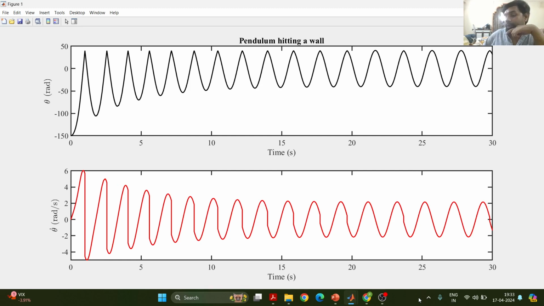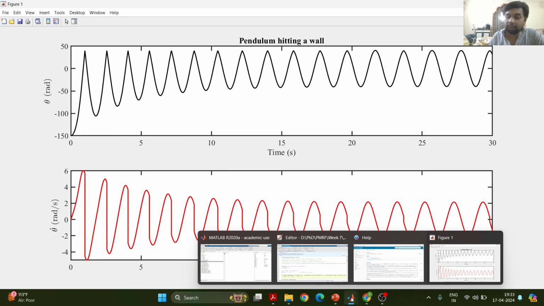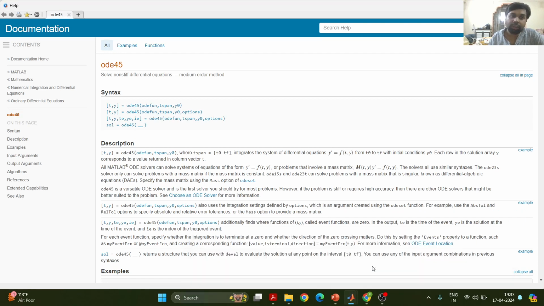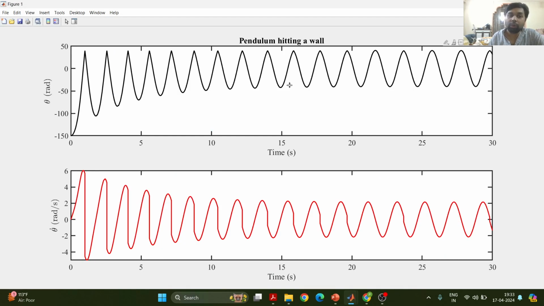Reduction. Now, in the solver, to actually achieve this, in the solver we need to basically detect each impact event.